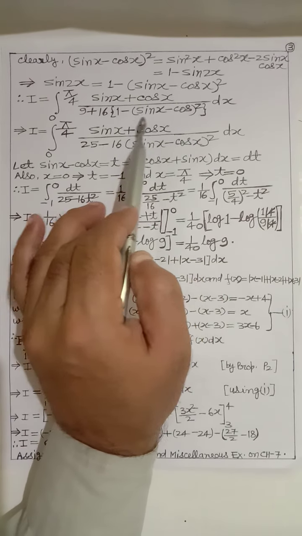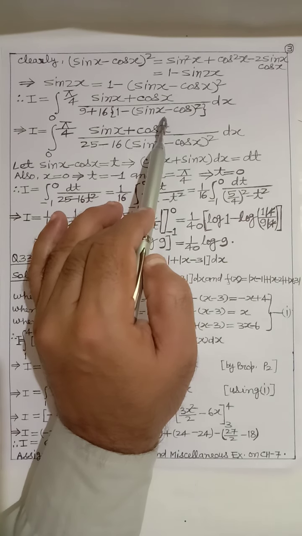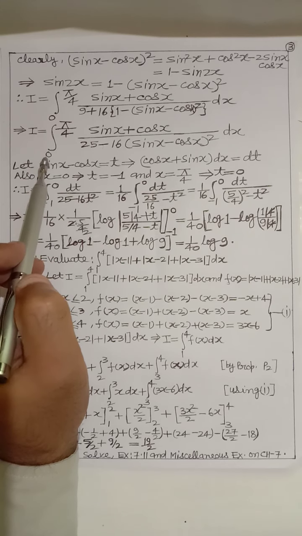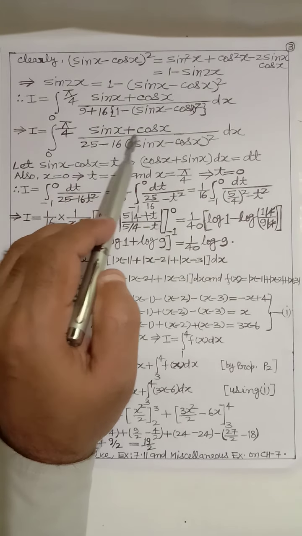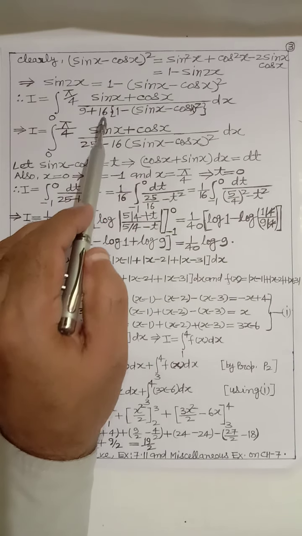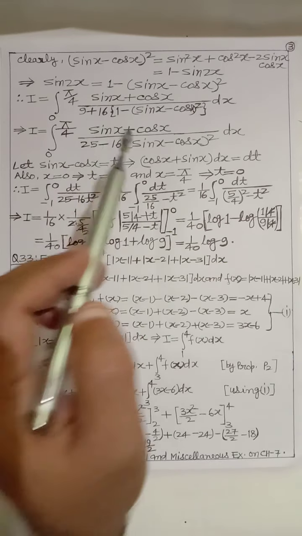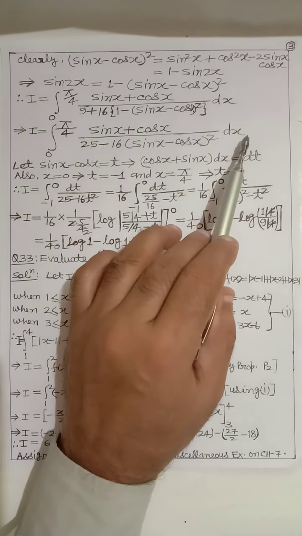Here the denominator is in the form of sin x minus cos x, and this implies that I is equal to integration of 0 to pi by 4 of sin x plus cos x by, here we solve this, we get 25 minus 16 into sin x minus cos x whole square dx.